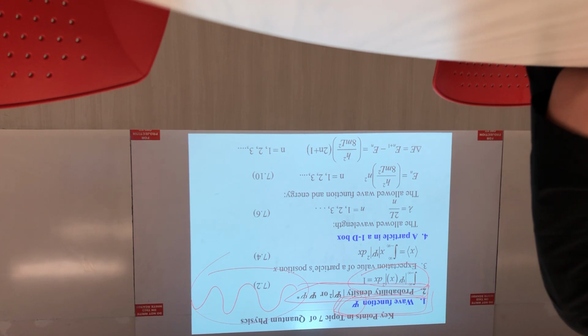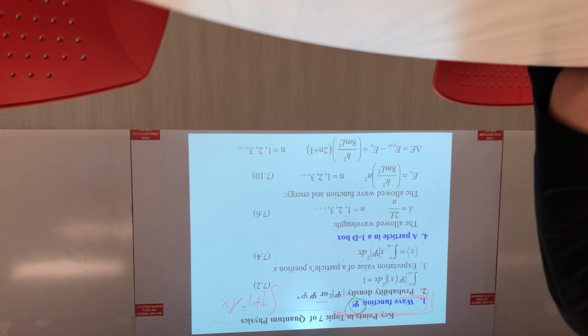Your probability is normalized in most cases. So if the wave function is given, then your probability is going to be calculated as this.